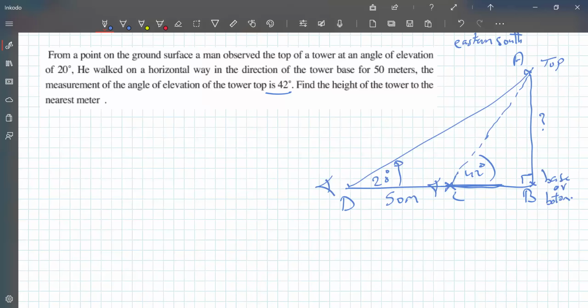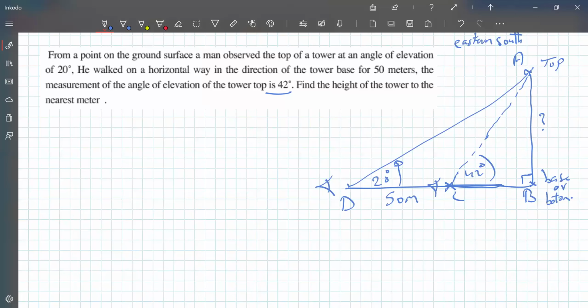Okay. So if we want to find the length of AB, in triangle ABC, we have no lengths of any side. The length of a side is known only in triangle ACD.